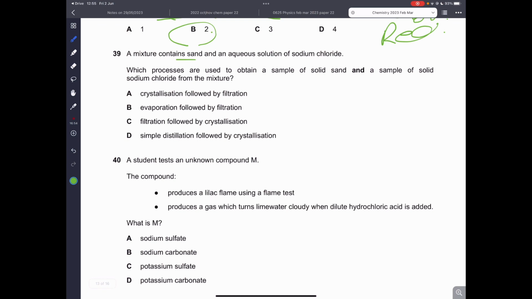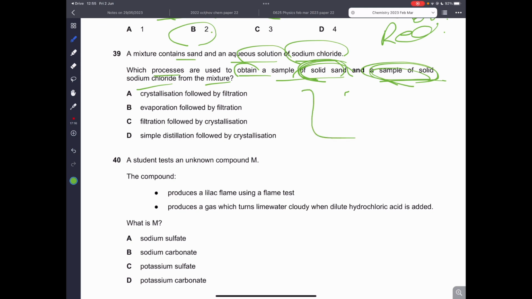A mixture contains sand and an aqueous solution of sodium chloride. Which processes are used to obtain a sample of solid sand and a sample of solid sodium chloride from the mixture? Well, remember, the sand is not dissolved, it is insoluble.